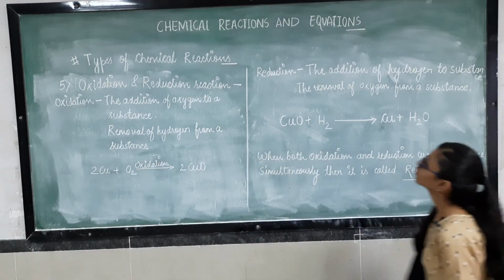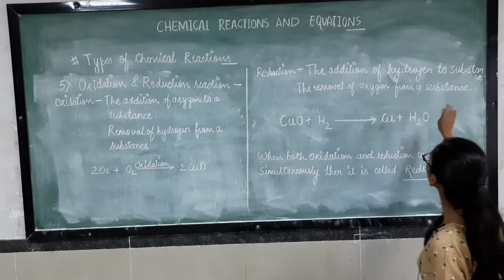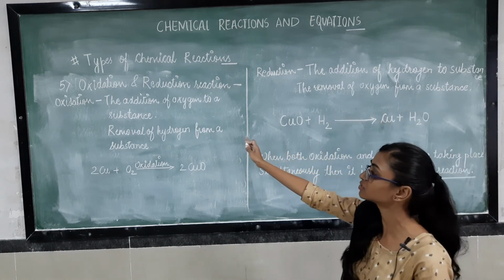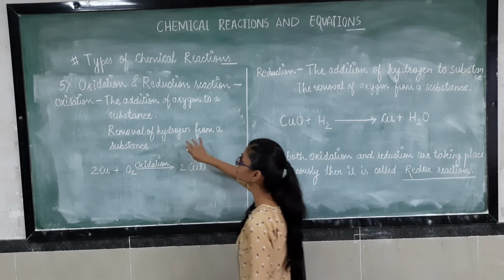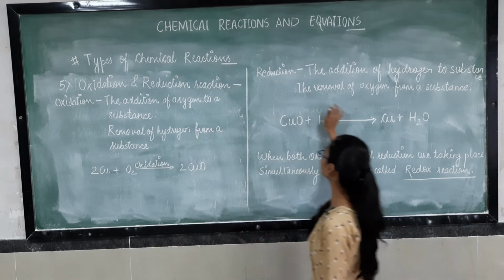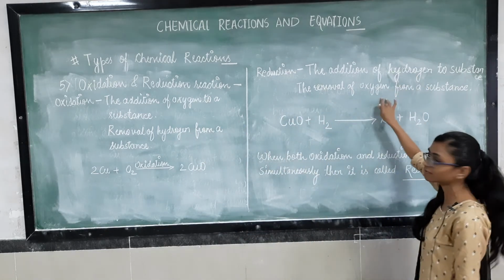Now reduction reaction. What is a reduction reaction? It is just the opposite of this oxidation reaction. Here we are adding oxygen, and in this reaction what are we doing? Here we are adding hydrogen and removing oxygen.